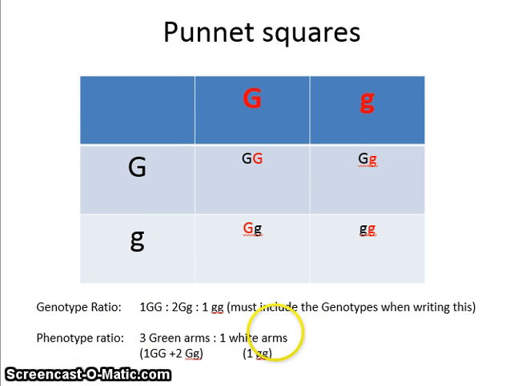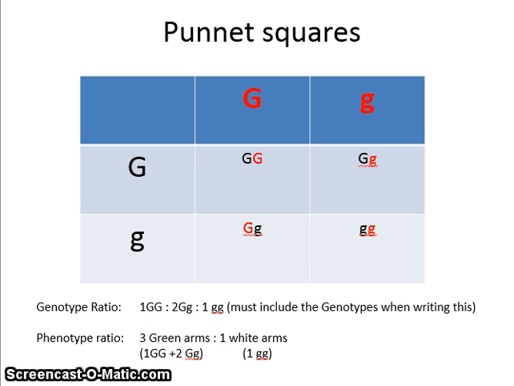So you can see here that we've got a phenotypic ratio of 3 green arms to 1 white arms, and that corresponds with these two heterozygous parents here. A different phenotype ratio would correspond to different combinations. For example, if you had capital G with capital G, little g, you'd end up with 100% green arms phenotype at the end.